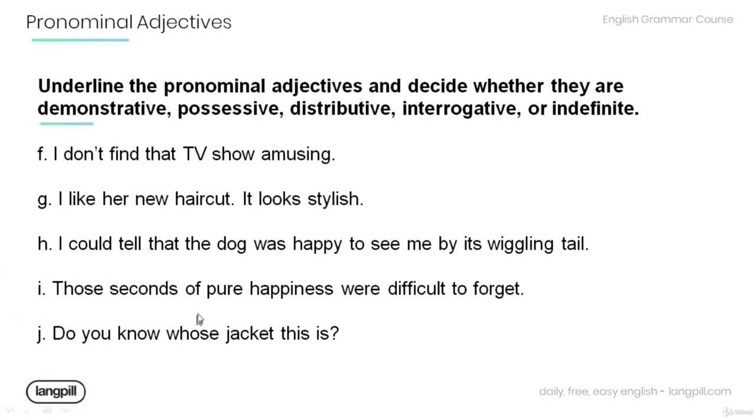I. Those seconds of pure happiness were difficult to forget. J. Do you know whose jacket this is?